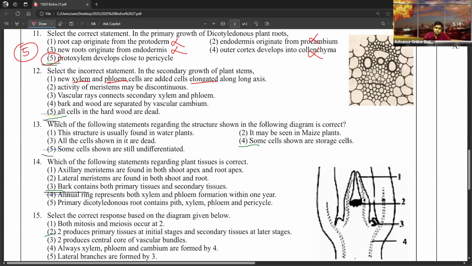Question number 12. Select the incorrect statement regarding secondary growth of plant stems. New xylem and phloem cells are added. Added cells elongate along the long axis. New xylem and phloem cells are added, and these added cells are elongated along the long axis.